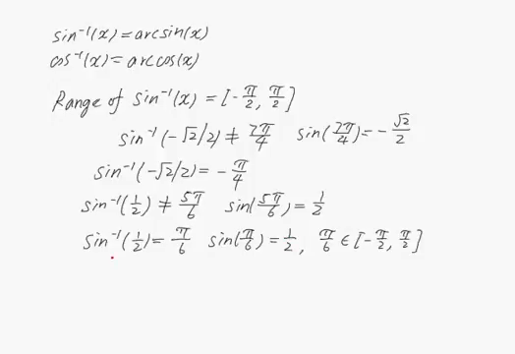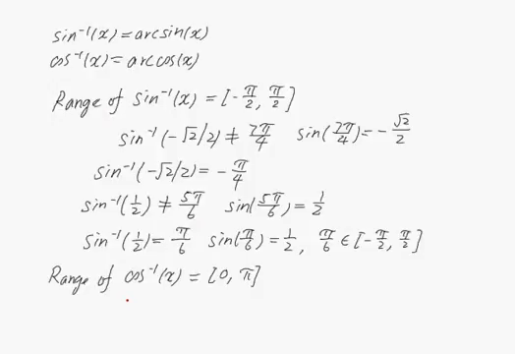And similarly, for the inverse cosine, the range of the inverse cosine of x is the closed interval from 0 to pi, which is different from the range of the inverse sine, right? So you need to watch out for this.